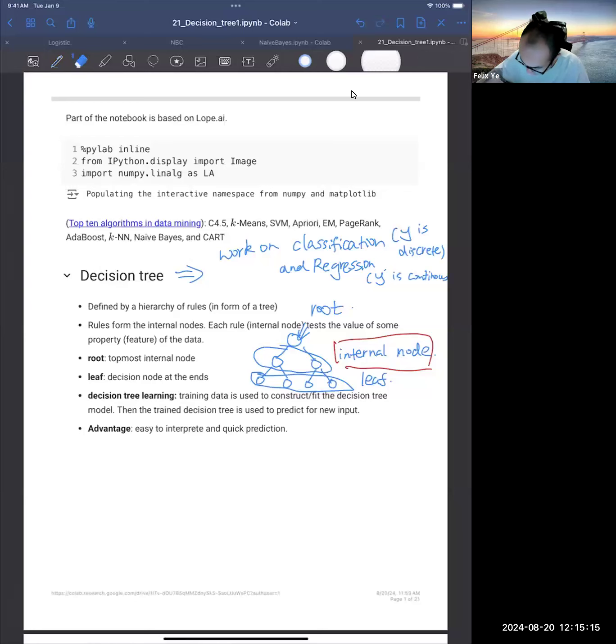If it is continuous, we're working with regression.